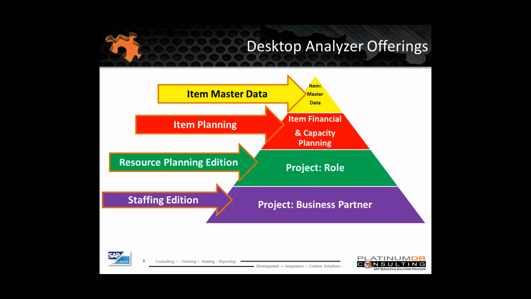So being able to do that in a nice, easy-to-use Excel format, as well as all of this providing Excel-like reporting, and then lastly, being able to do staffing. That means down into the business partner, which means an employee or a contractor.